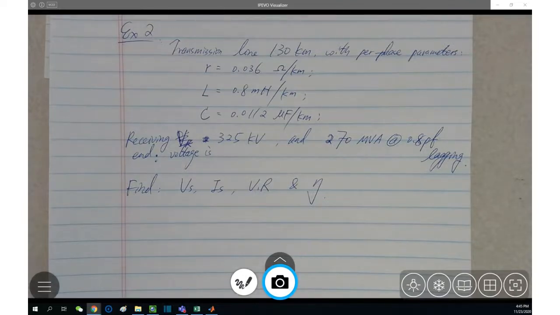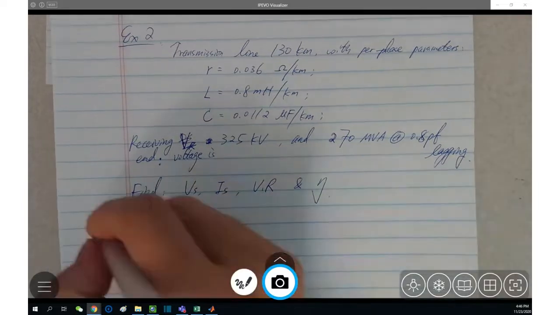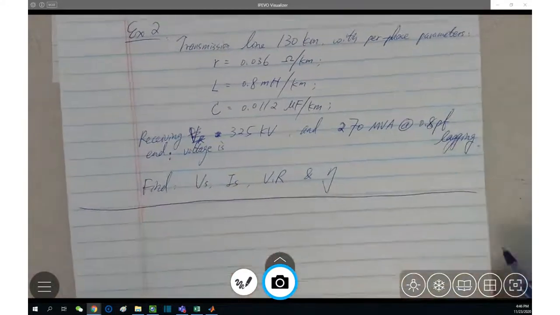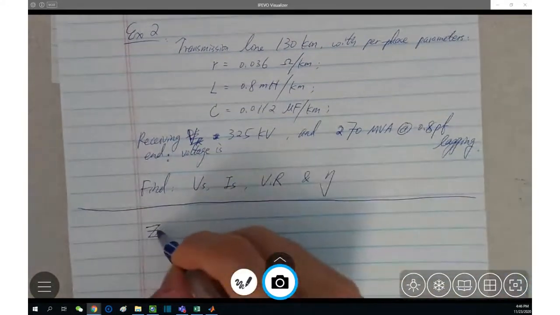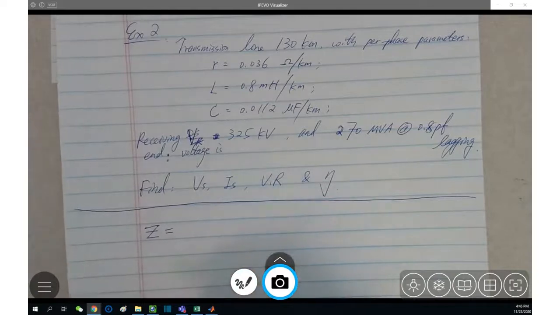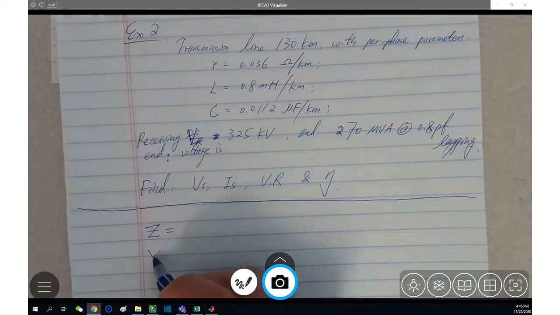We need to find something of the transmission line. So what is that something? Resistance is already given. Impedance, better. Specifically, we need to find a Z, right? And also we need to find a Y. Does it make sense?